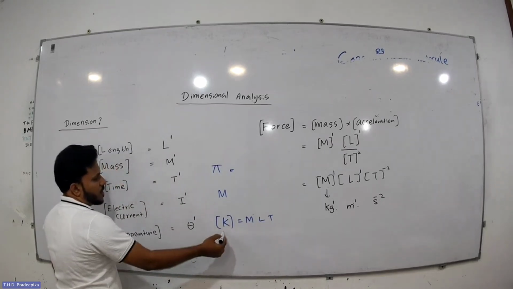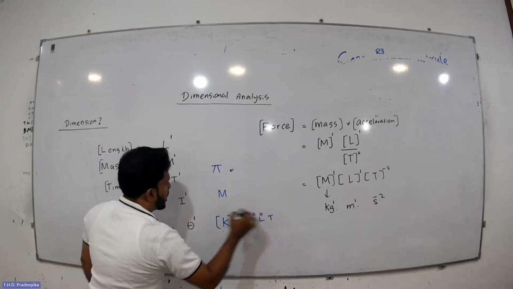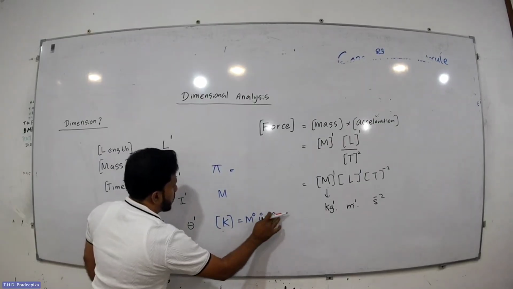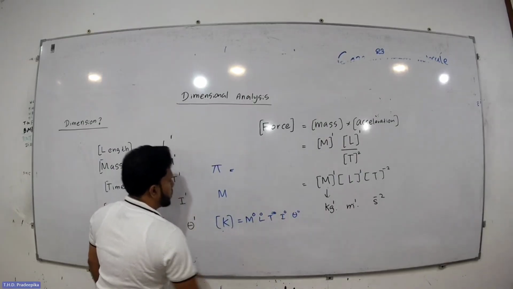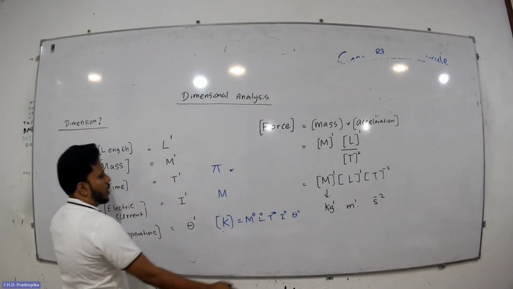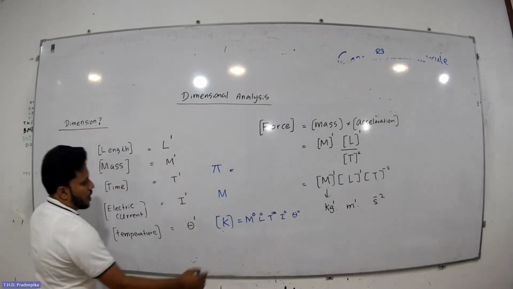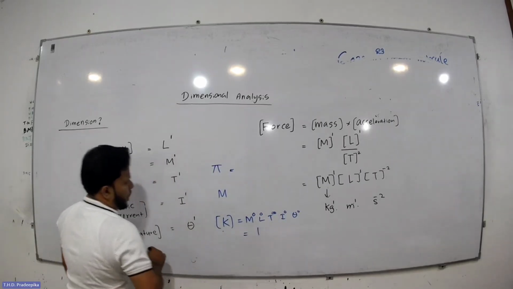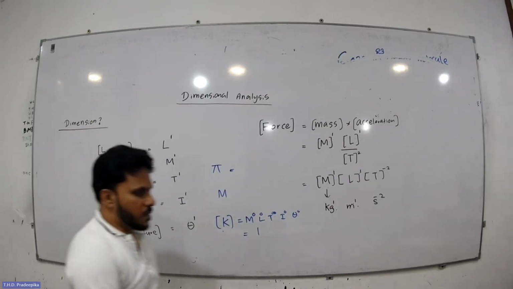Since this is dimensionless, the exponent should be 0. Right? The dimension is 0. Dimensionless means the actual value is 1. Are you writing this down? Right? Basics are fine.